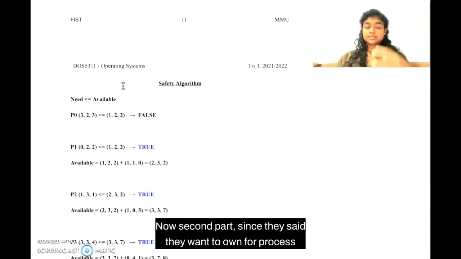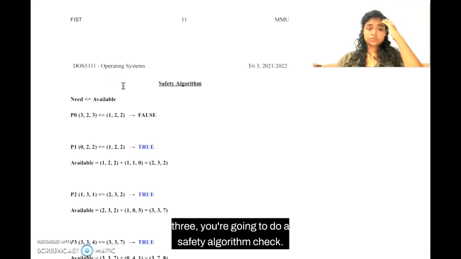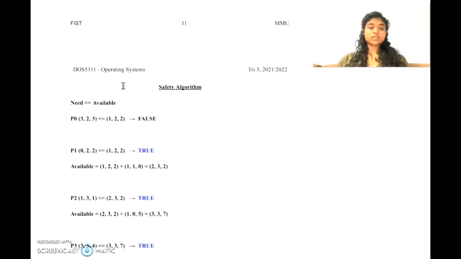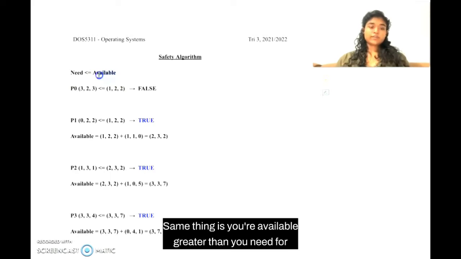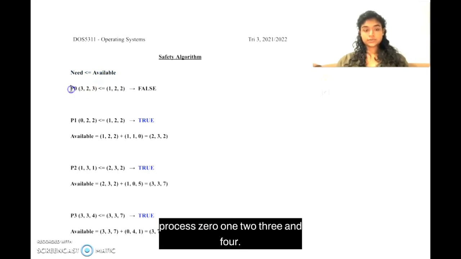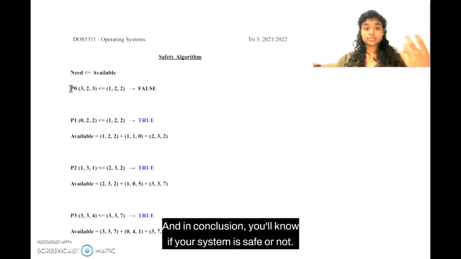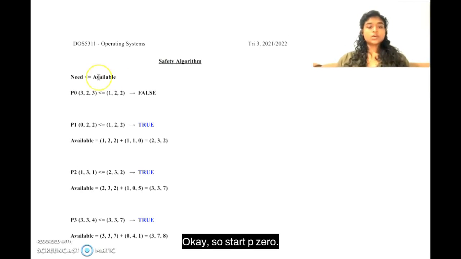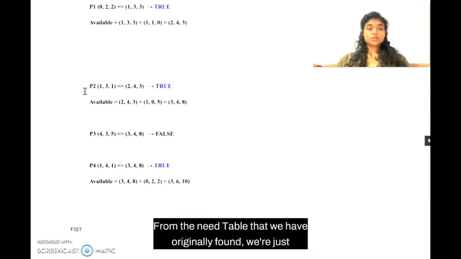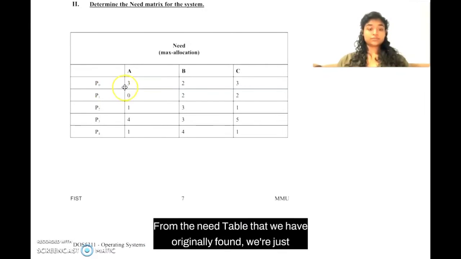Now, for the second part, since they said they want it only for process 3, you're going to do a safety algorithm check. Same thing: is your available greater than or equal to your need for processes 0, 1, 2, 3, and 4? In conclusion, you'll know if your system is safe or not. Start with P0. Where do we find this need? From the need table that we originally found: 3, 2, 3.